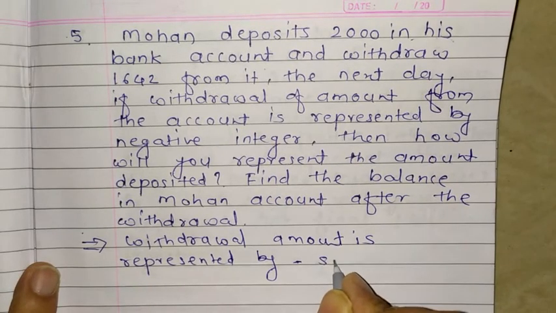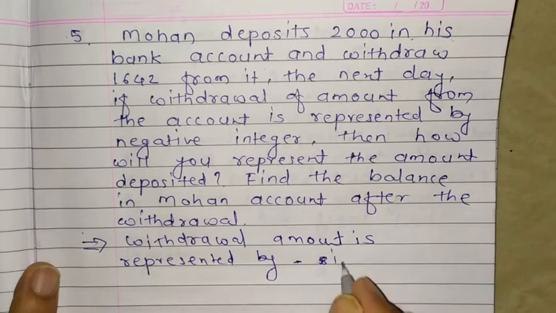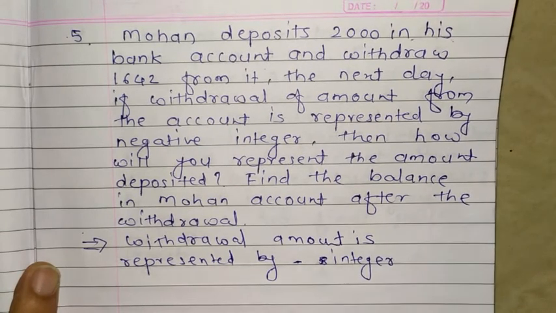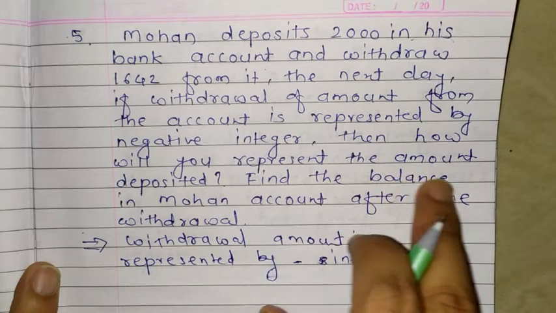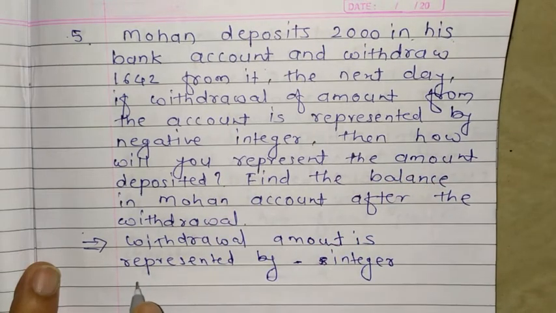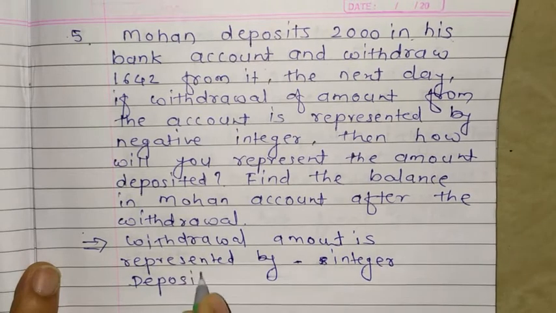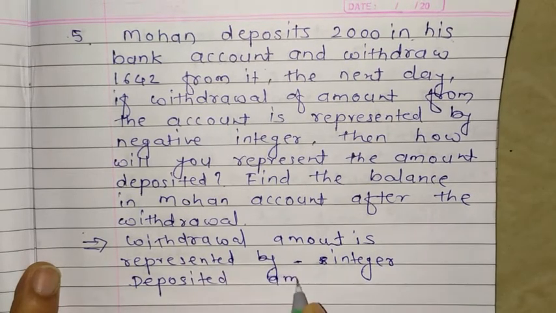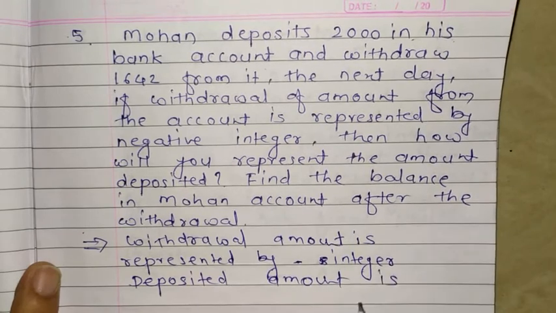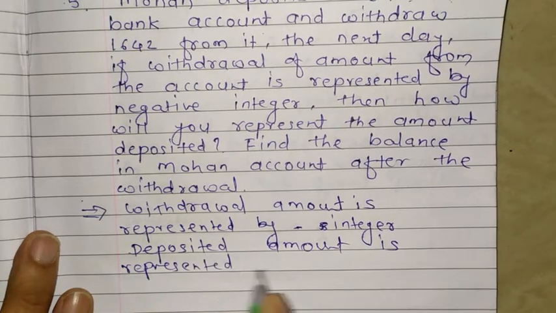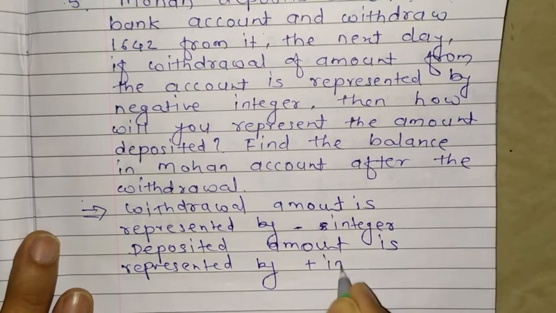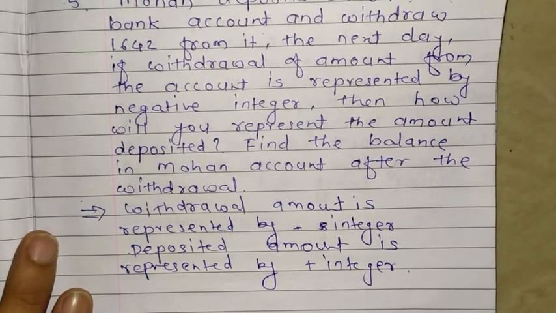Negative sign, or you can write negative integer. So withdrawal amount is represented by negative integer. Then they are telling how will you represent the deposit? It means it is opposite. So deposited amount is represented by positive integer. Very simple.